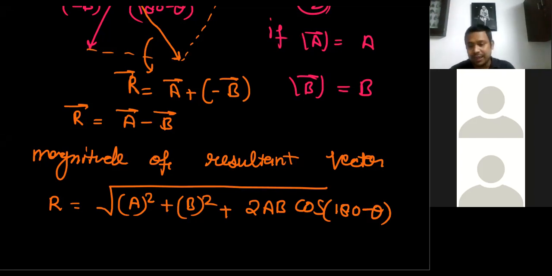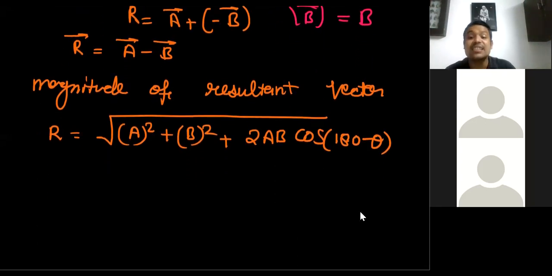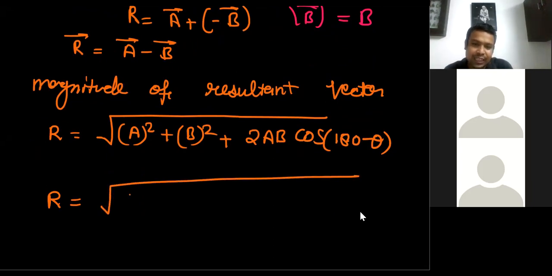Thus, cos of 180 minus theta, we know very well, is negative. Thus the magnitude of R is equal to A square plus B square minus 2AB cos theta.